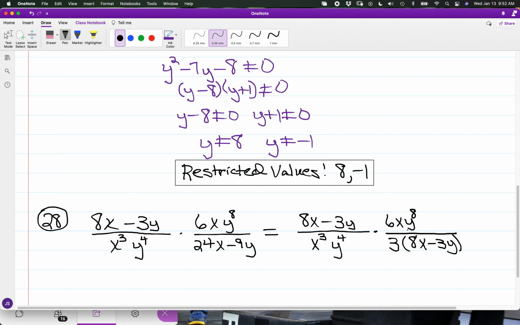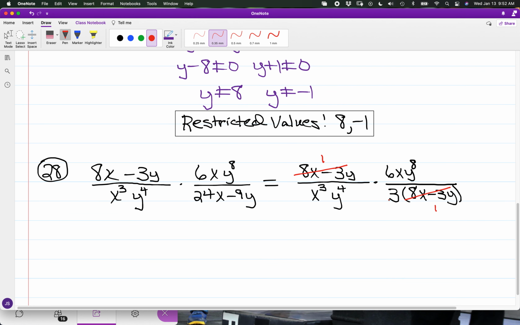And notice that upon factoring, we have 8x minus 3y common to both numerator and denominator positions. So we can get these to cancel out.